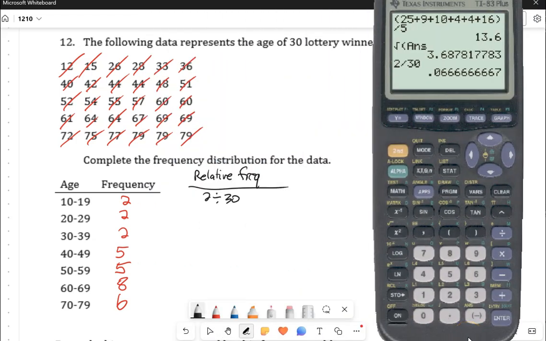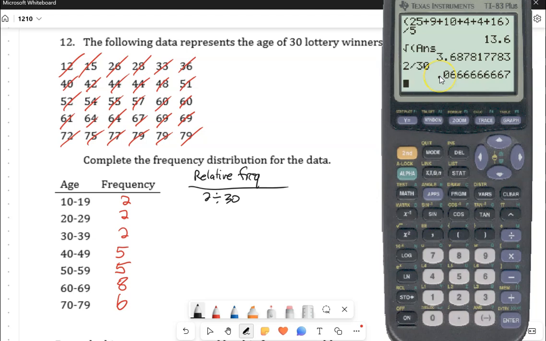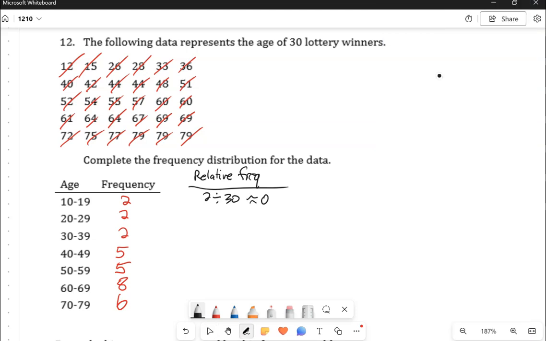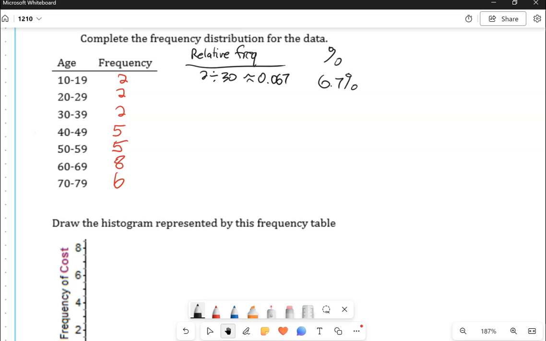There's rounding involved. 0.067. So you would have to do the divide by 30 and round, or you could go to a percentage and call that 6.7%. But those are all approximations. The frequency table itself is exact. Okay.